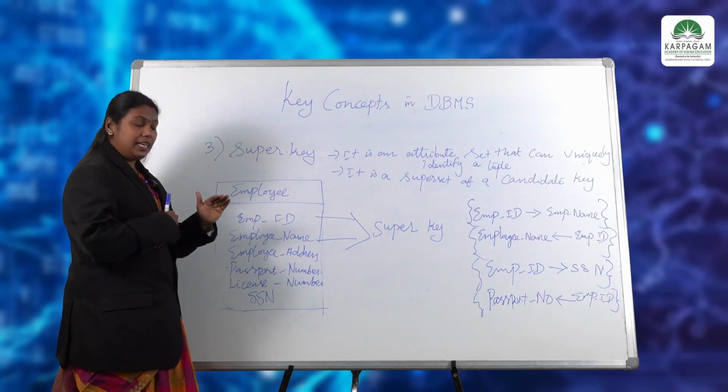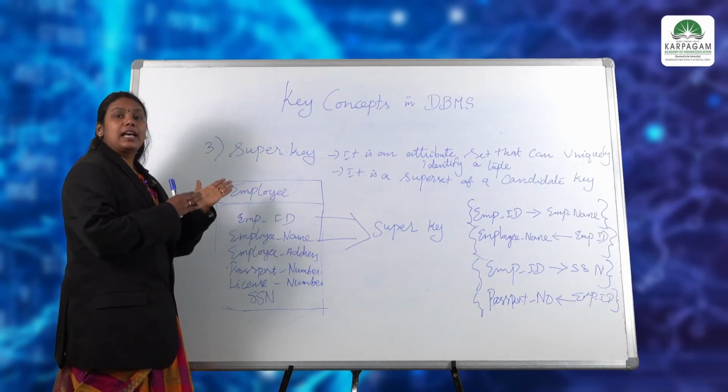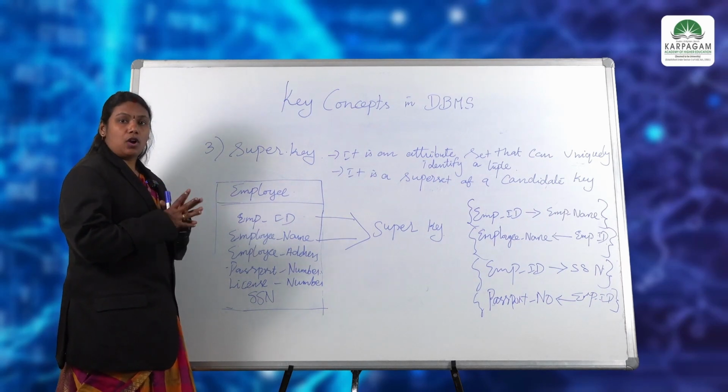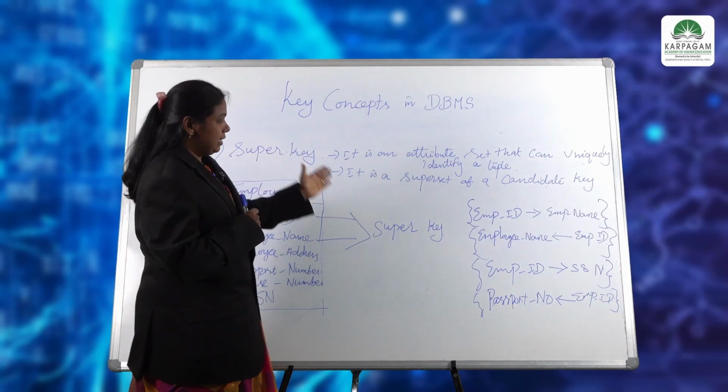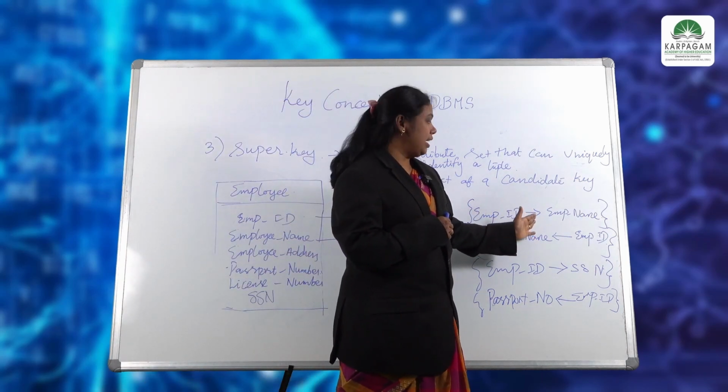After the primary key, we represent the super key. The super key coordinates between attribute concepts. In the example, the employee ID is related to the employee name.